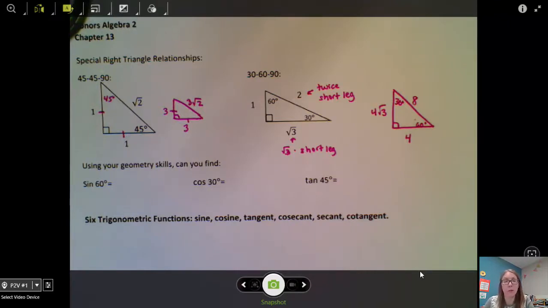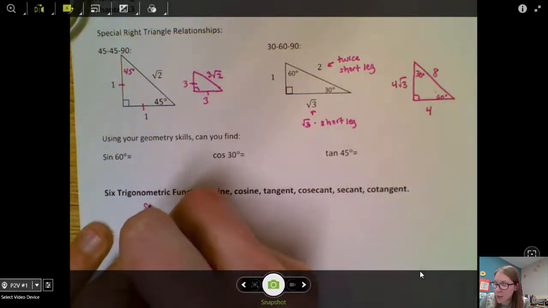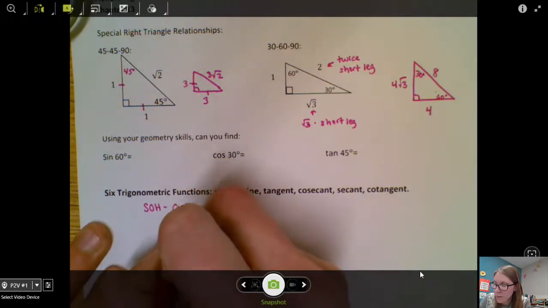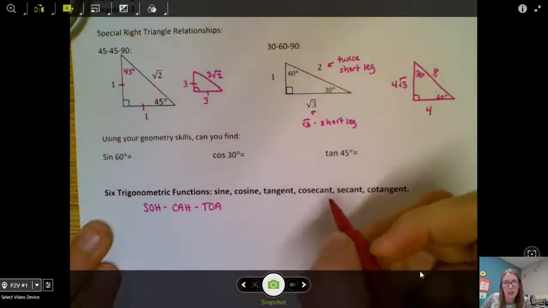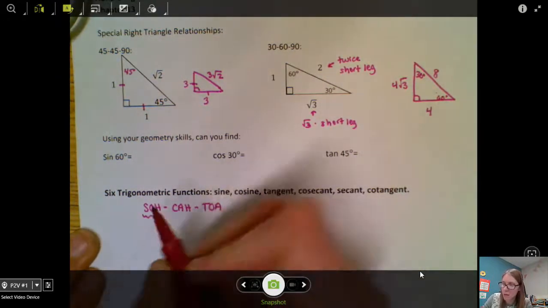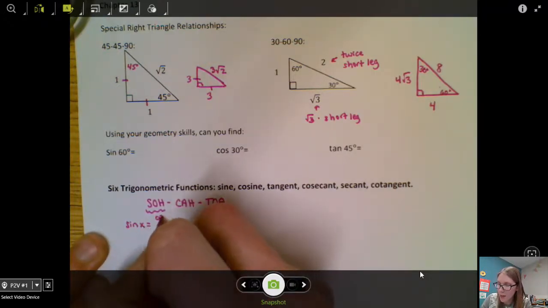So using what we know from geometry, can we find the sine of 60 degrees? Let's recap SOH CAH TOA. Back in geometry, you learned this phrase SOH, which means the sine of an angle equals the opposite over the hypotenuse.